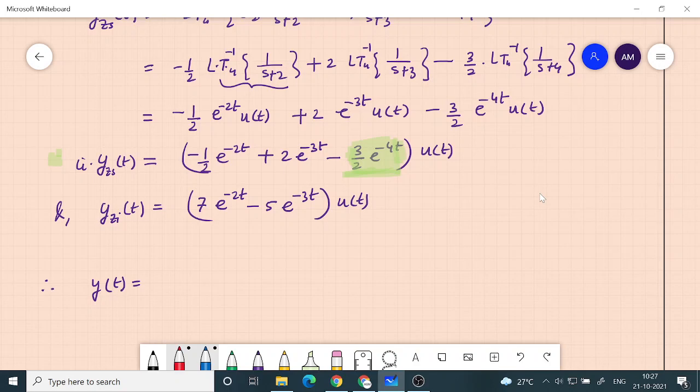It is the natural response of the system, whereas this term is called the forced response of the system. The response which is similar to the kind of input that we applied is called the forced response. The highlighted term is the forced response, and if you add up all the other terms, that is called the natural response.